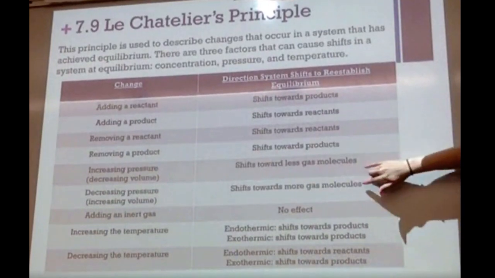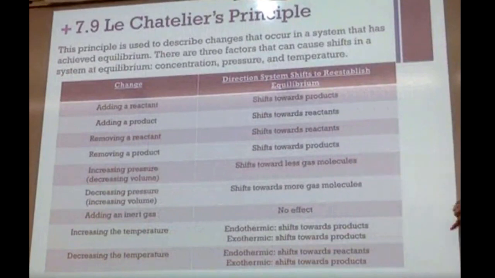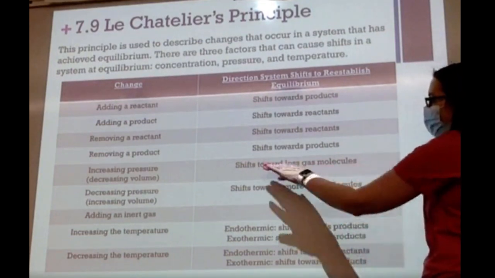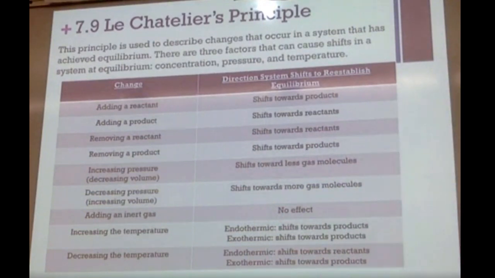Remember pressure. Please pay attention to pressure, or when you change volume, because volume changes pressure. That only affects gases. Notice how it says shifts toward less gas molecules, not less molecules in general, but less gas molecules.